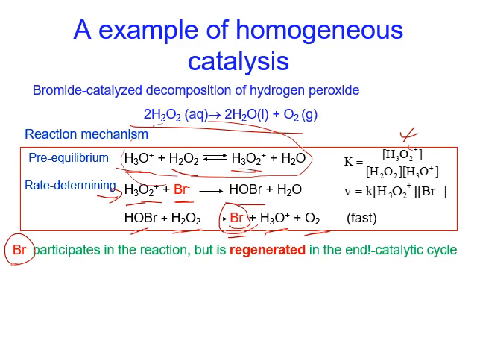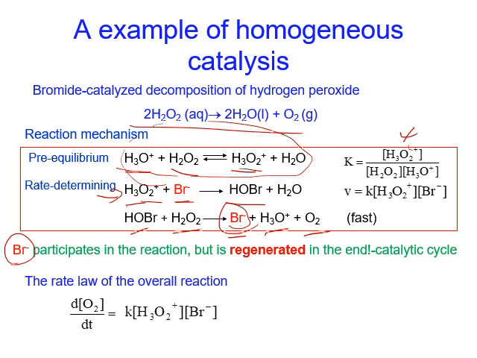All right, and the rate law, because this second step is the slowest step, the overall rate law should be equal to the second step rate law, which is k times the protonated hydrogen peroxide times bromide. Now this activated hydrogen peroxide can be calculated using the equilibrium constant.